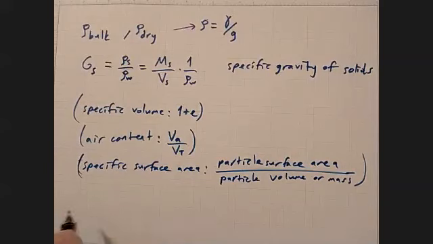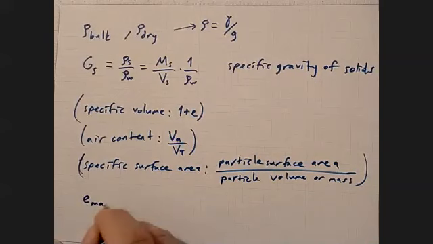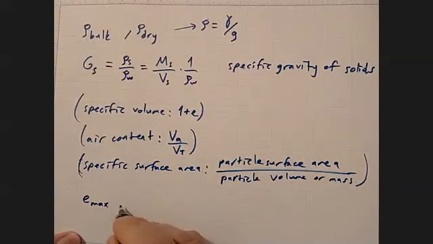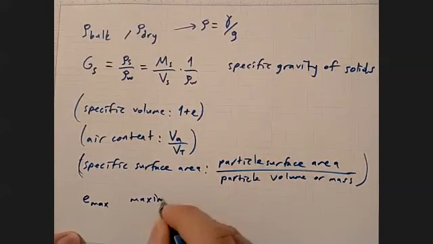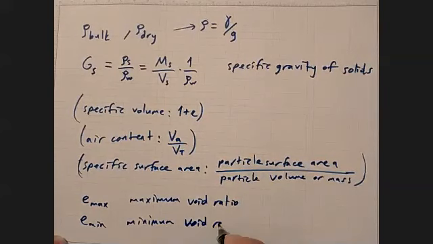Some things that will come up are e max, which is obviously the maximum void ratio, and e min, which is the minimum void ratio.